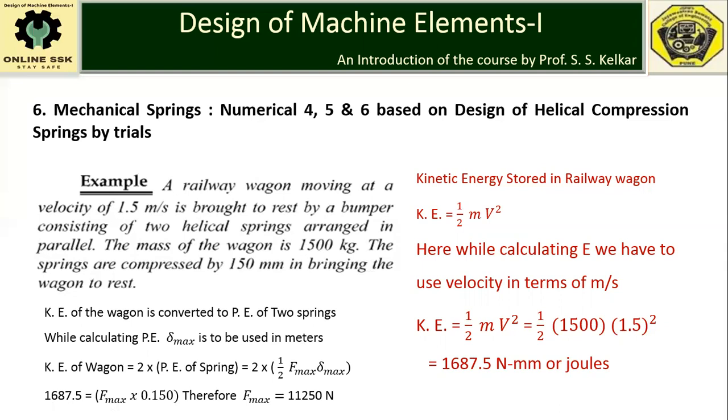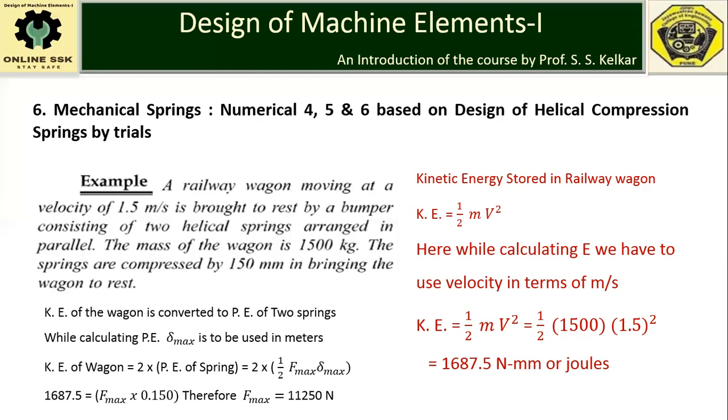While equating, we have to use the linear dimension in terms of meters, because force is in Newtons and linear dimension in meters. Newton meter is the joule, which is the unit for energy.